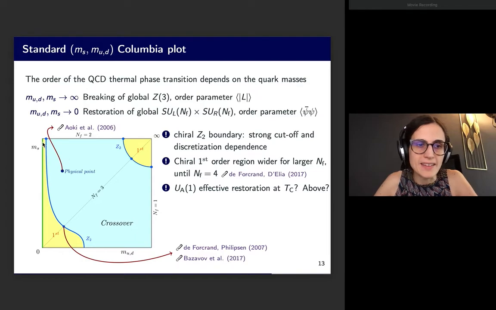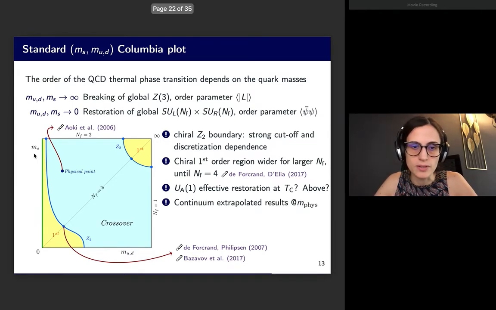And an important role can be played in that respect by the effective UA(1) restoration at Tc or above Tc, because that sort of tells you how much symmetry you have in the system and whether you should expect here to have a first order phase transition or rather a second order phase transition.